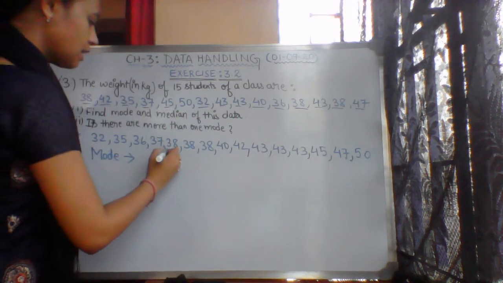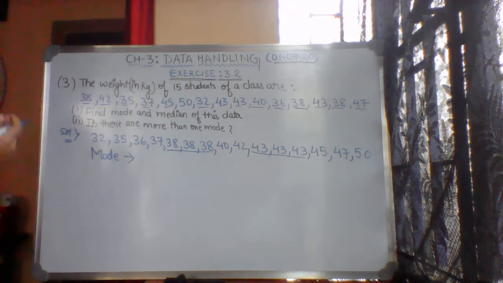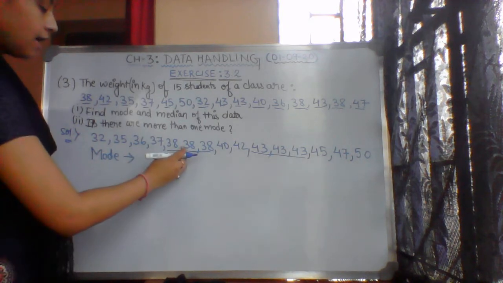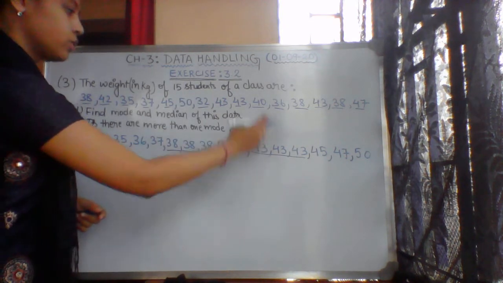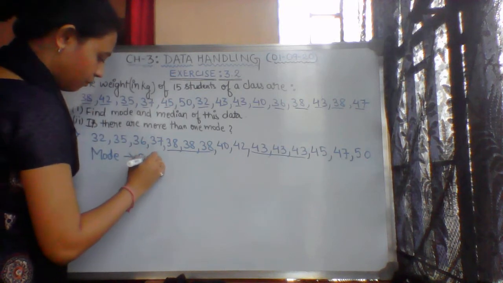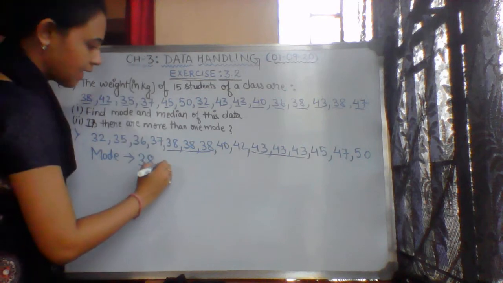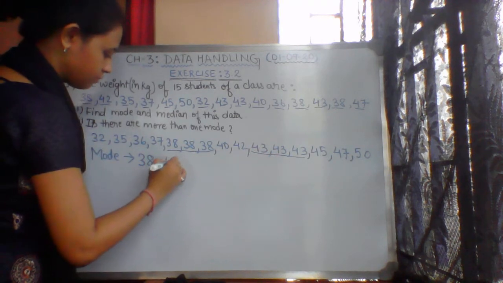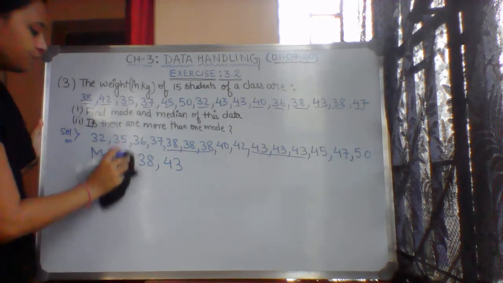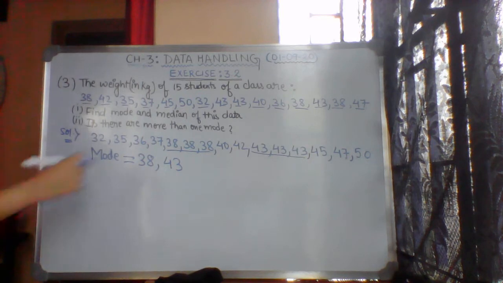So we can see 38 and 43 are occurring the maximum number of times. 38 is occurring 3 times, and 43 is also occurring 3 times. So we have to write both of them because both have the maximum frequency. Our mode will be equal to 38 and 43. Next we have to find the median.